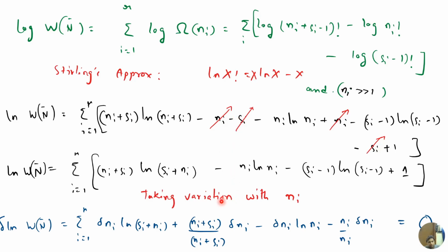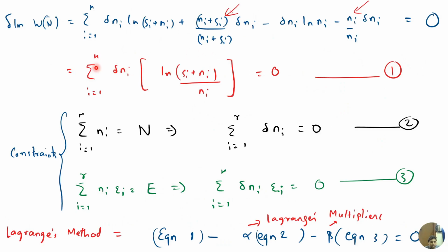Then after some simplification, we get this expression. Now we want to take a variation with Ni. So when we take the variation of Ni and equate it with 0, then after simplification the expression that we get is the sum over i equal to 1 to R of delta Ni times this quantity, and that is equal to 0.